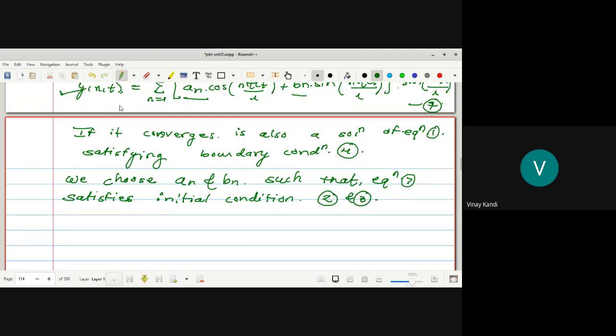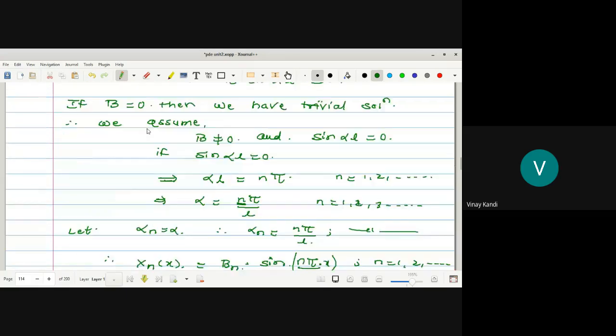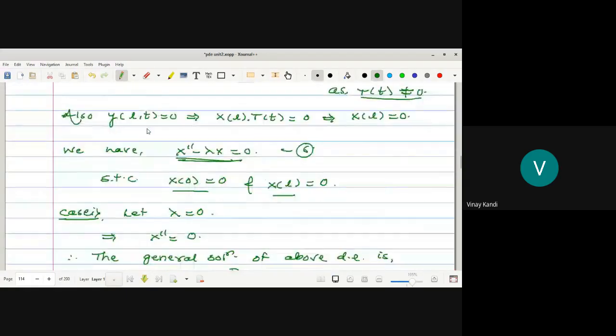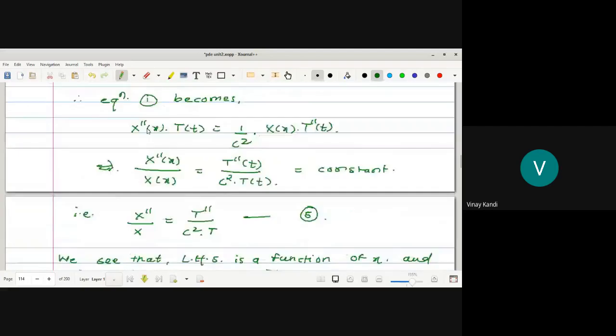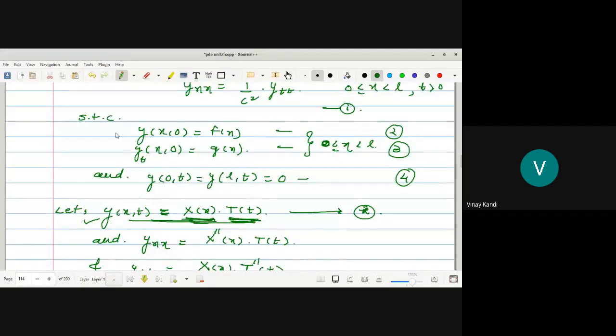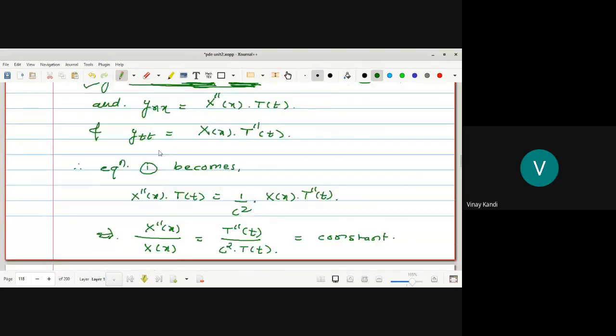Okay, first differentiate this equation with respect to t. What are equations 2 and 3? Equation 2 is y of x,0 is equal to f of x, and yt of x,0 is equal to g of x. So here differentiate y of x,t with respect to t first.